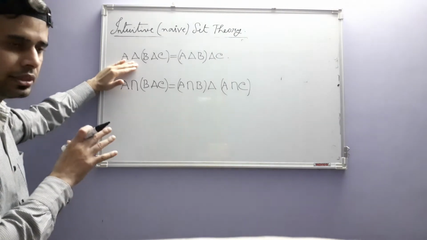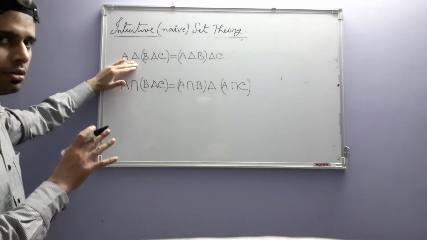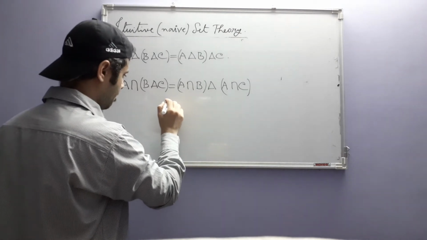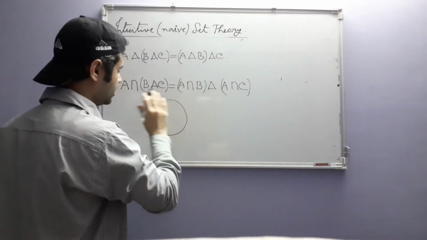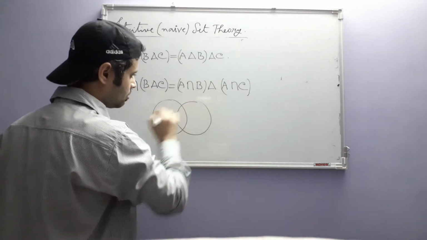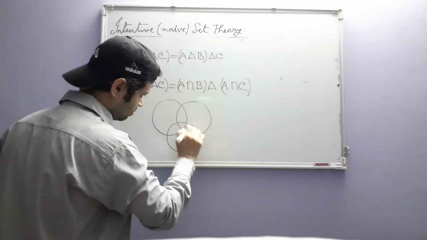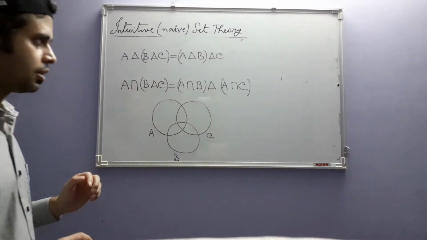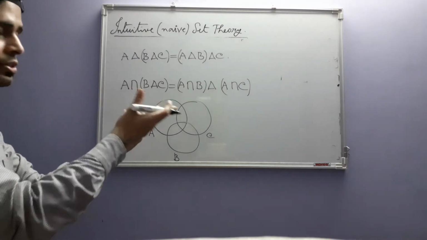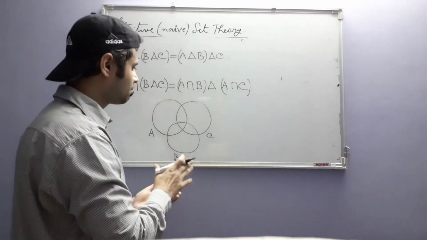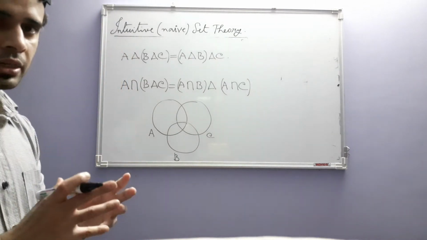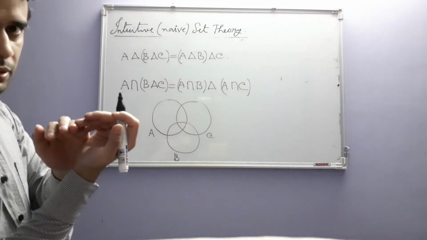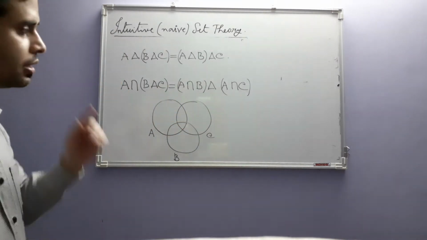set theory will be, that can be gauged somewhat by looking at the Venn diagram of the set. There are three sets involved, right? A, B and C. Now, what have we learned just now? If you want to perform symmetric difference of two sets, you take their union and remove the intersection from that union. Whatever is left is the symmetric difference.